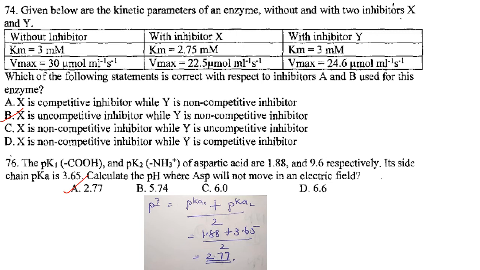Then next one. The pK1 and pK2 of aspartic acid are 1.88 and 9.6 respectively. Its side chain pKa is 3.65. Calculate the pH where aspartic acid will not move in an electric field.